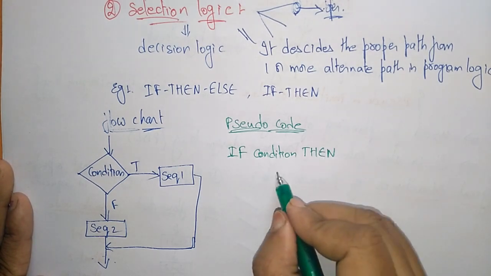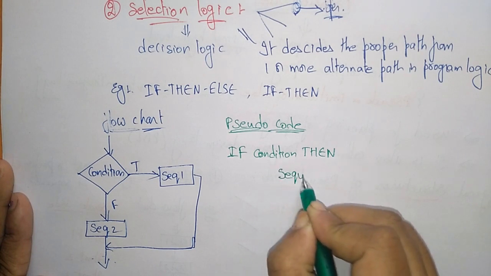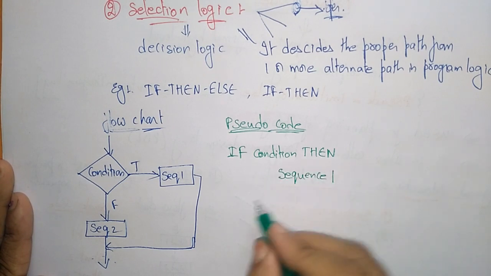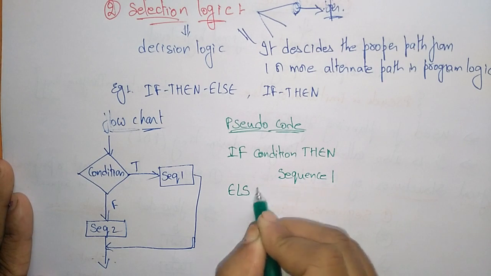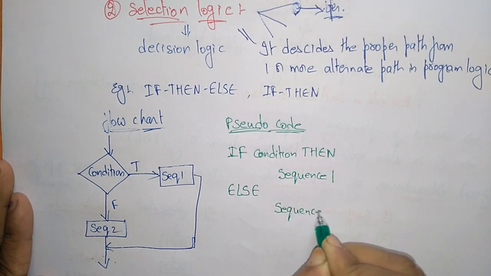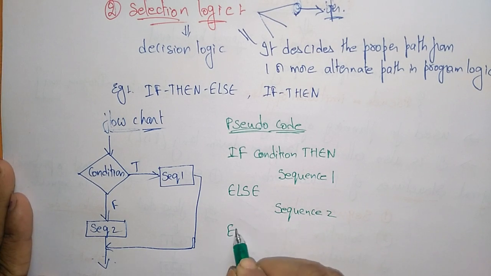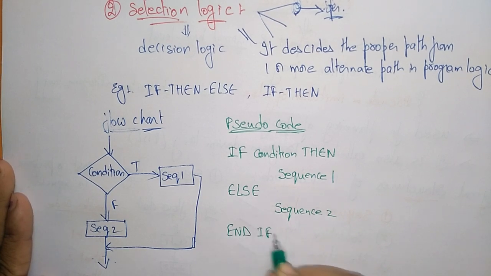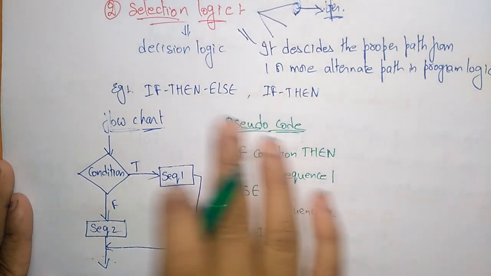IF condition THEN sequence 1, ELSE sequence 2, and ENDIF. So this is how you represent the pseudocode for this flowchart. These are the different algorithms. So this is a selection logic, if then else.